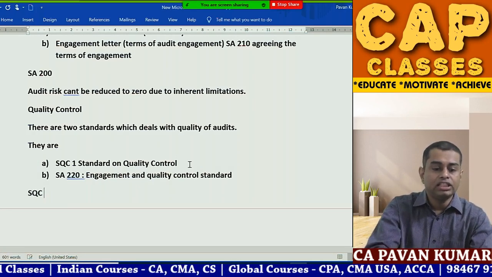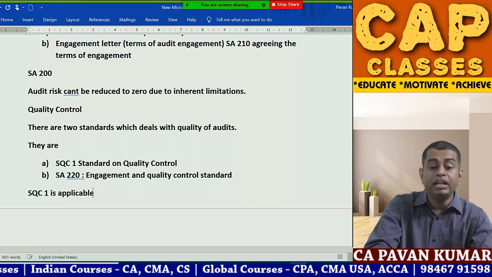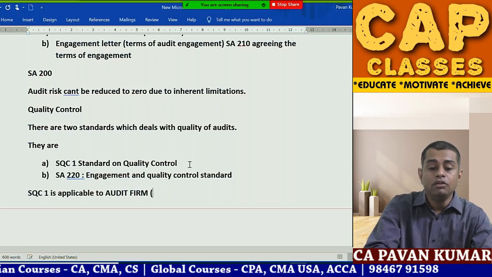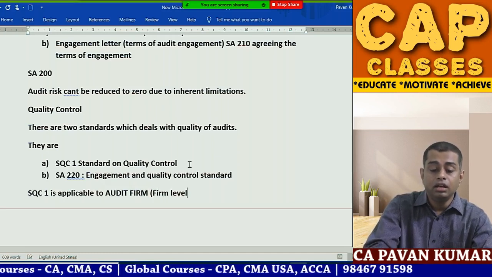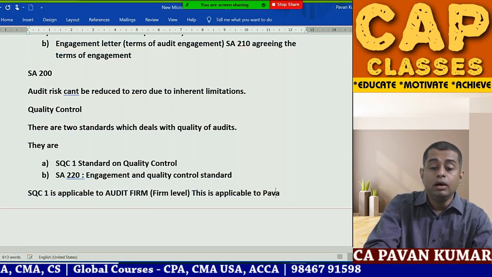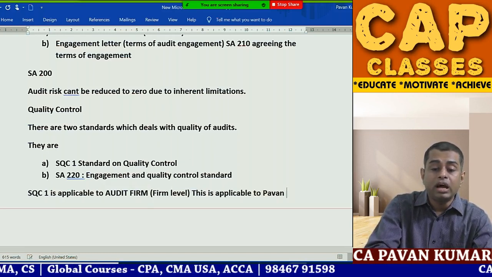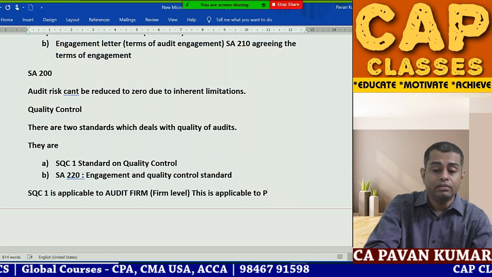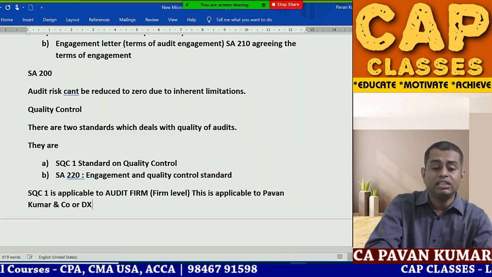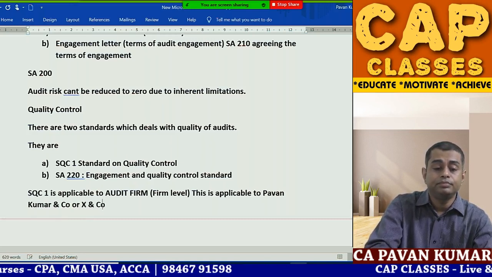SQC 1 is applicable to the audit firm. This is called firm level. That means this is applicable to Pavan Kumar and Company or X and Company.